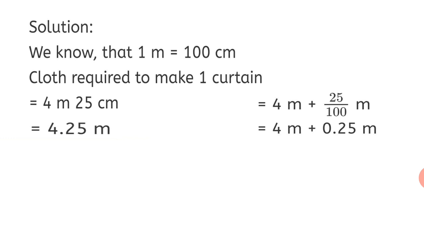Okay. The working is shown alongside. So now we know that she has used 4.25 meter. Instead of writing 4 meter 25 centimeter, we write it as 4.25 meter. We have converted it into a decimal fraction.